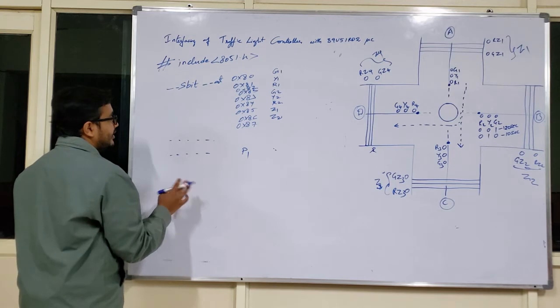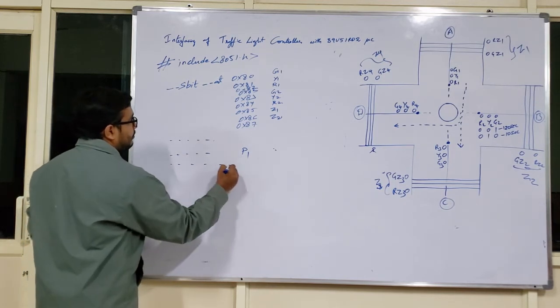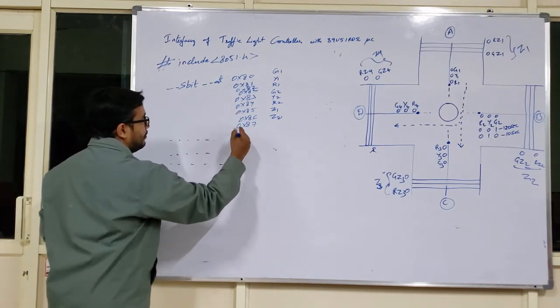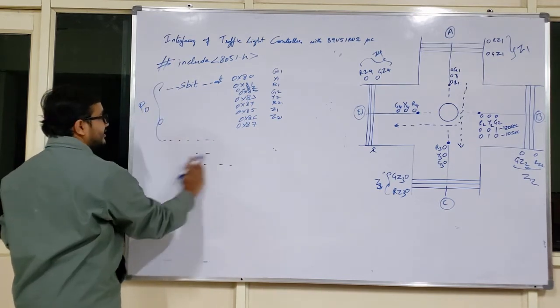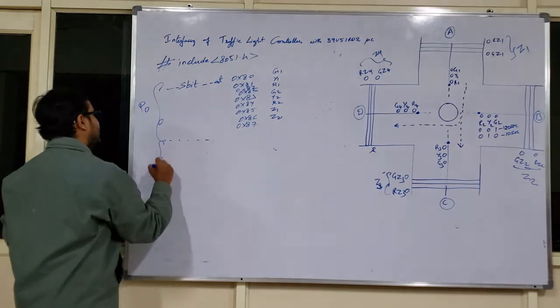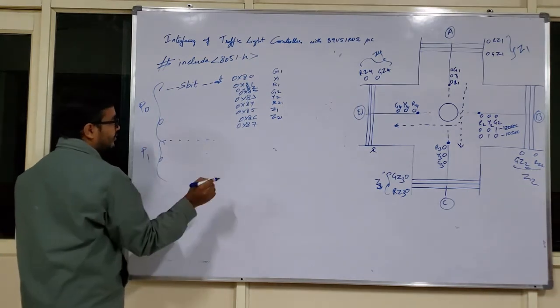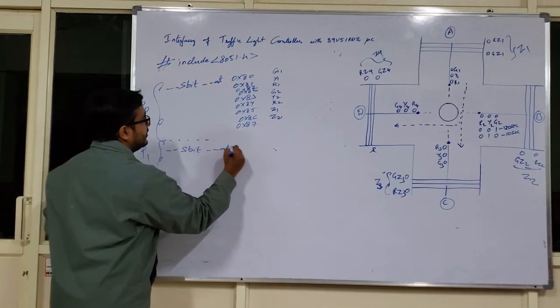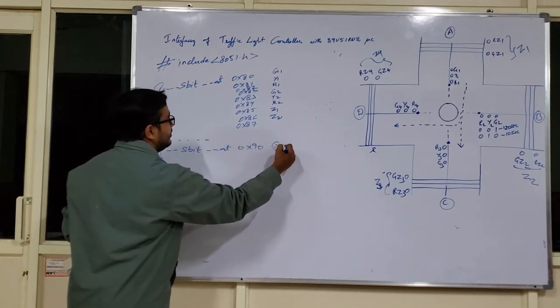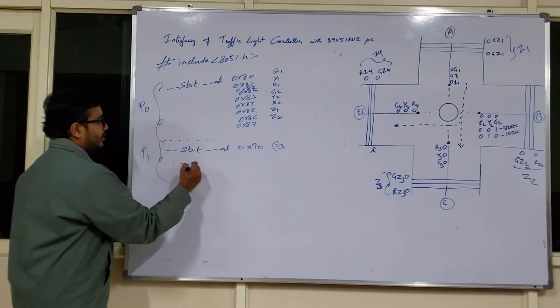This is for P0, the sbit configuration, I can say. And similarly, you are able to develop the P1 sbit configuration. Like let me do the starting one. It is 0x90, this is G3. Okay, so let me complete all these things.